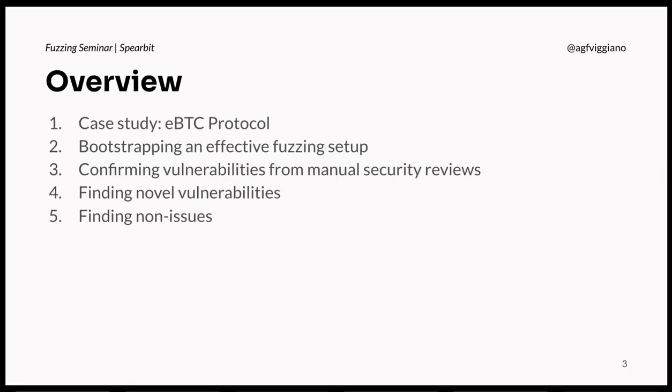Today I'm going to present a case study of how we used fuzz testing on the eBTC protocol to find some interesting bugs, like confirming bugs from manual audits, and also finding some new bugs, and also some bugs that we thought were issues, but eventually we found out that they were not real issues, but rather interesting behavior of the system that allowed us to better understand how the system would behave under different scenarios.